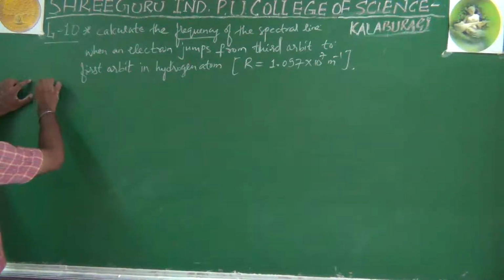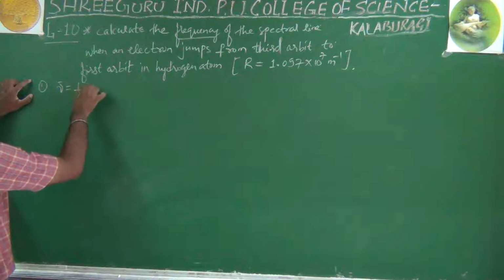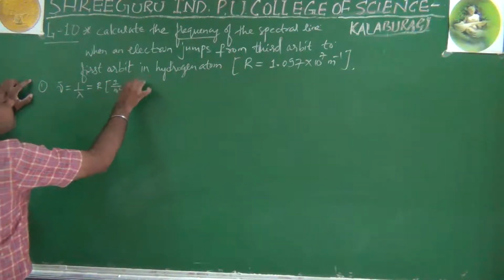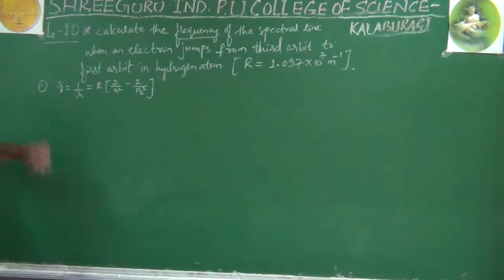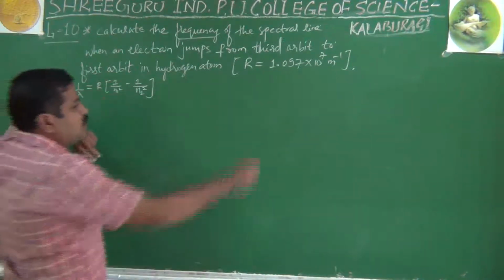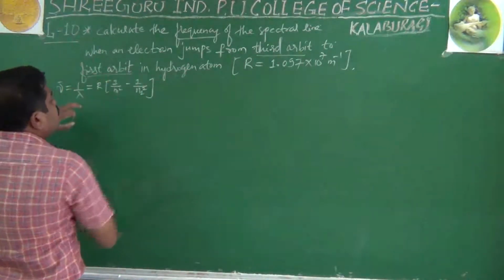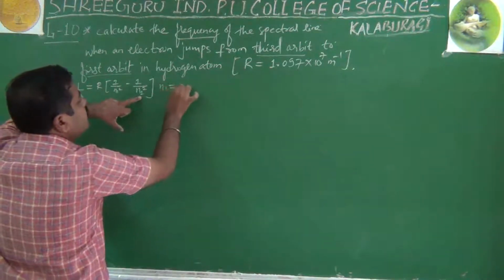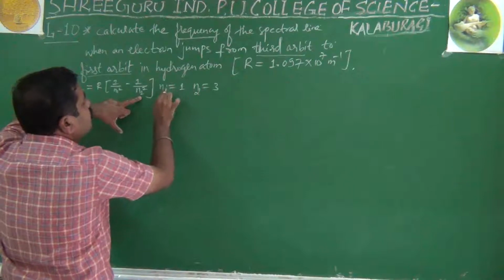Please students, first we will calculate the wave number. Nu bar is equal to 1 over lambda is equal to R into (1 by n1 square minus 1 by n2 square). Already I have given you third orbit to the first orbit, so n1 is 1, n2 is 3.